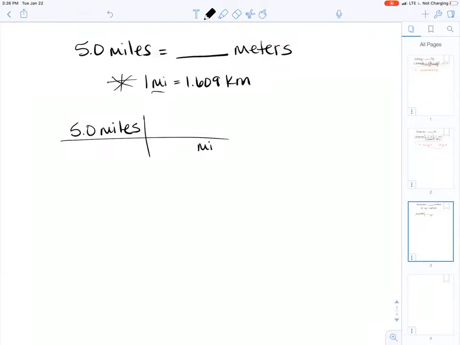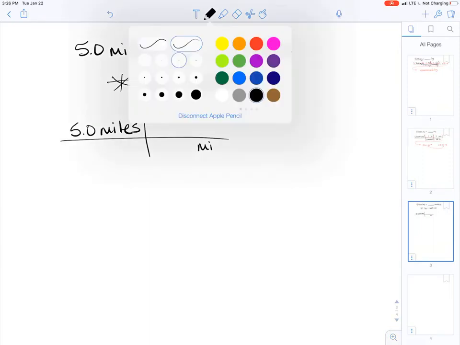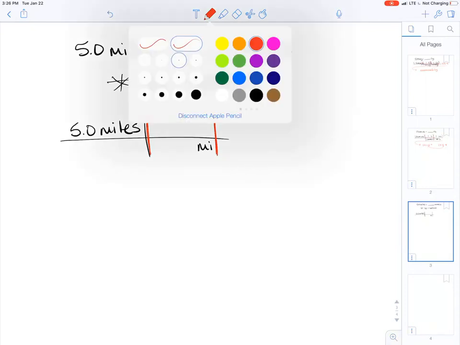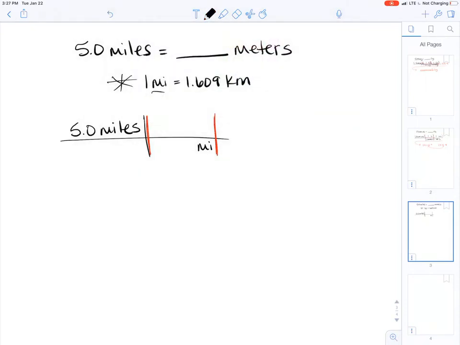So on this particular section right here, you are going to have to use your conversion factor that was given. So if 1 mile is 1.609 kilometers, that is where that information would go.